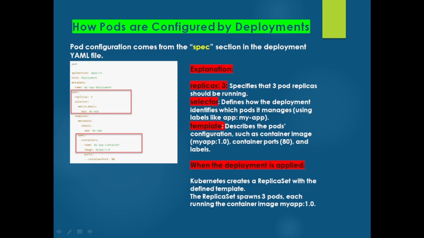The selector acts as the address or filter. Without the selector, the deployment will not understand which pods to manage. Let's say you have 4 pods, and out of 4, 3 pods have the label myapp, and the fourth pod has a different label.